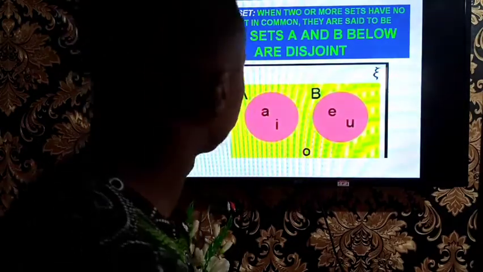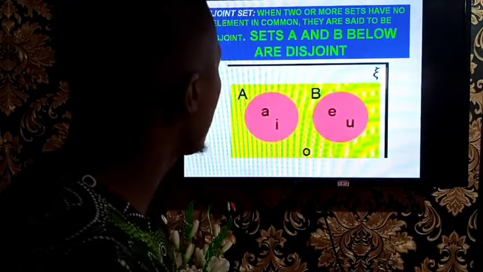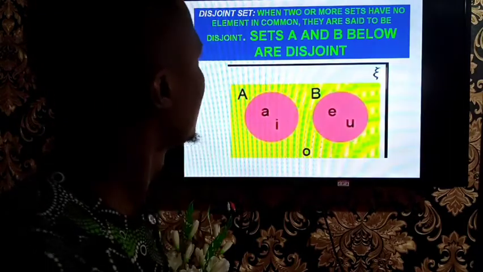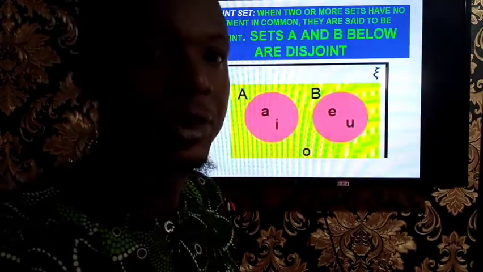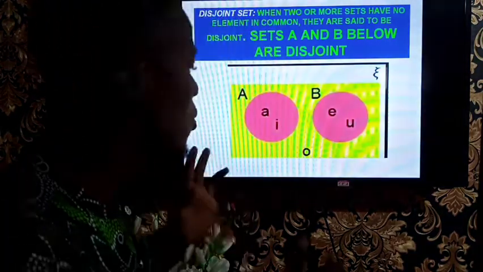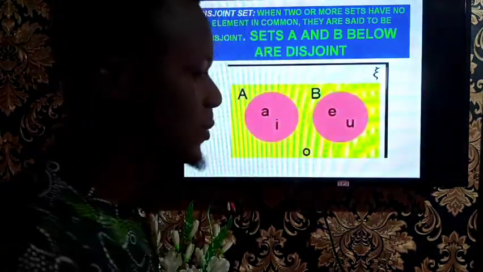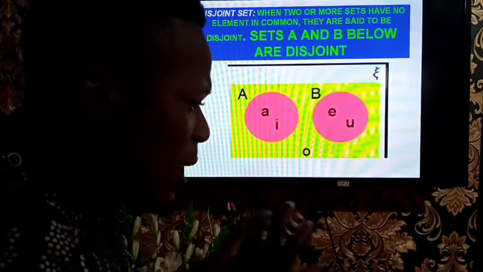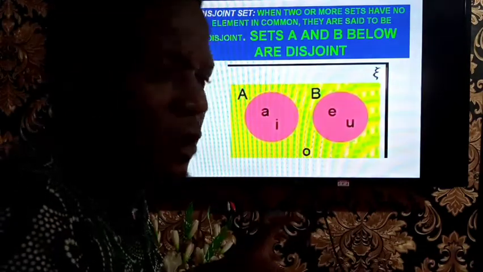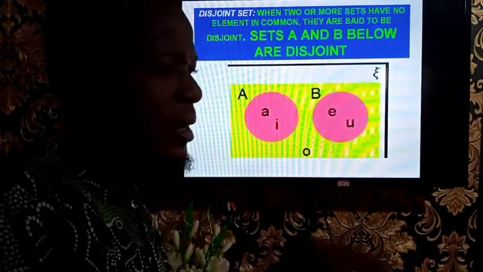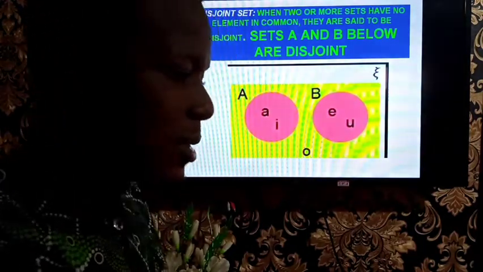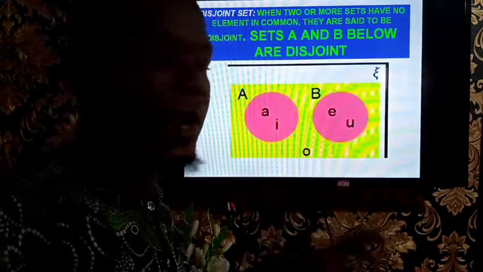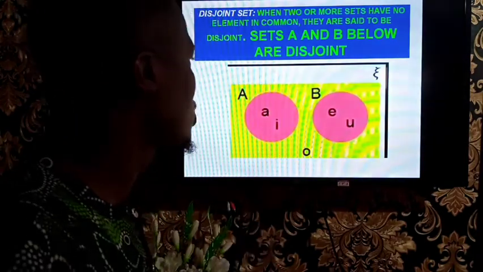There are many kinds of sets, and I don't think we may exhaust them in this class, but let's continue. There is a set called disjoint set. When two or more sets have no element in common, they are said to be disjoint. That is to say, when you come into two or more sets, and you take a look at the members of the sets, and there is nothing you can see in one set that you can see in the other set, it means that that kind of sets are disjoint sets.